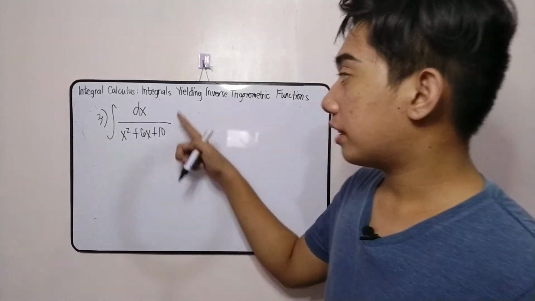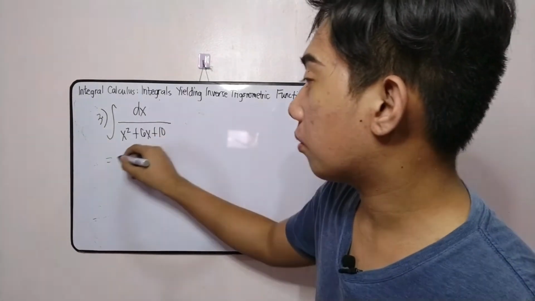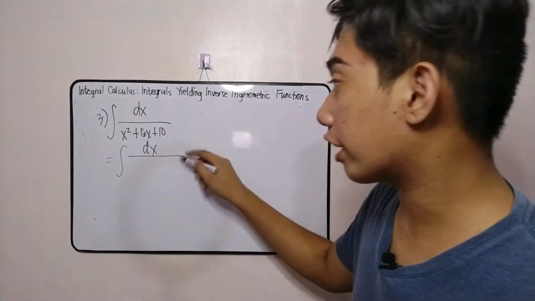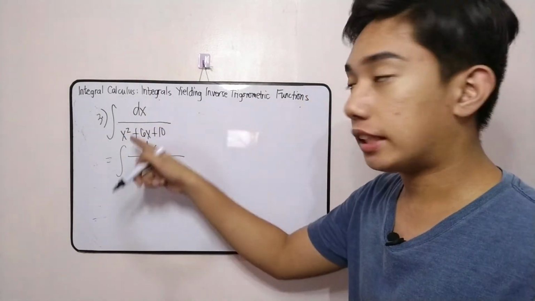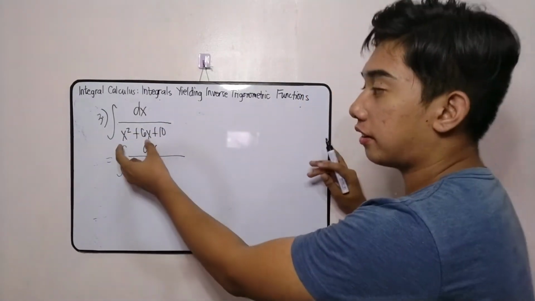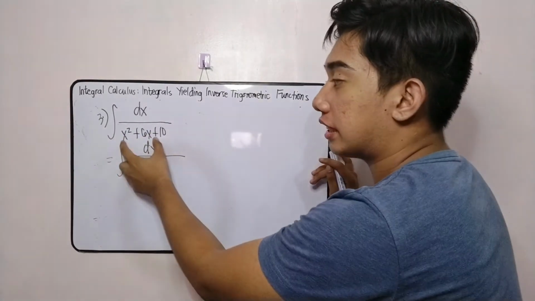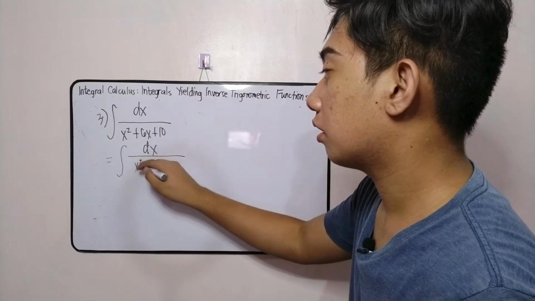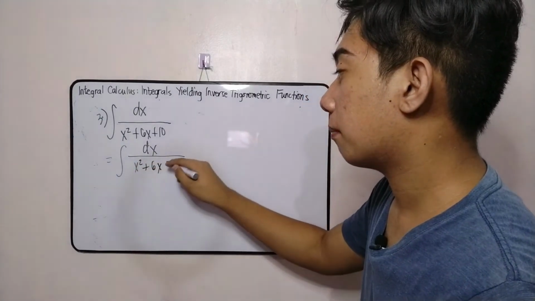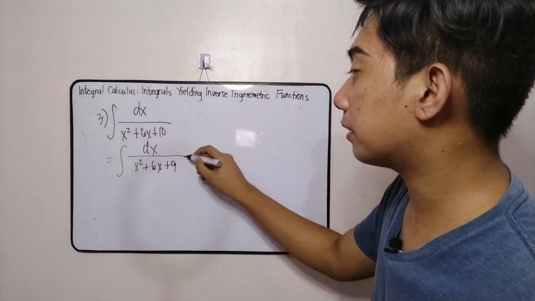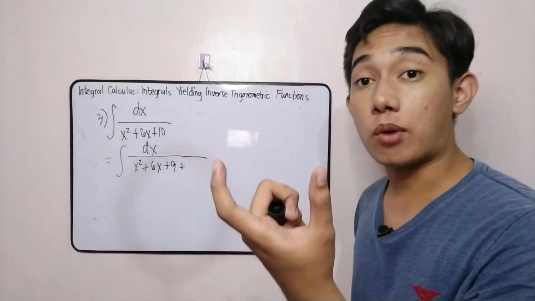Okay? So, in this case, the integration of dx all over... If we perform completing the square, we need to make this expression a perfect square trinomial. Okay? So, for this case, x squared plus 6x plus 9. If we add 9 here, we will also subtract 9 to maintain the equality.